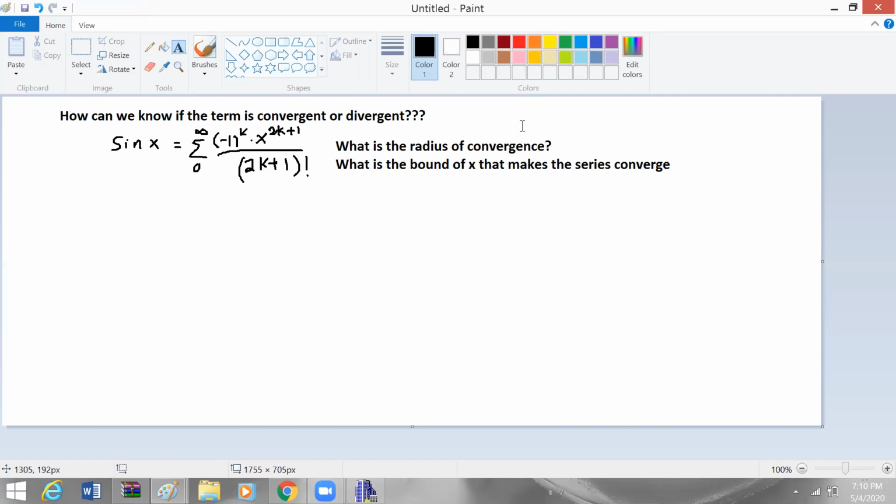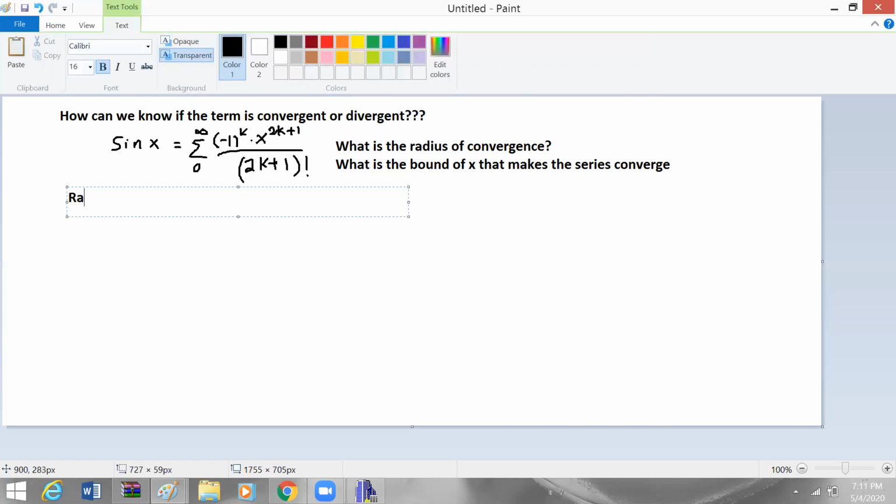So what kind of test are we going to use? We're going to use the ratio test or the root test. Very likely. Why is that? Because for most power series we use the ratio test or the root test.